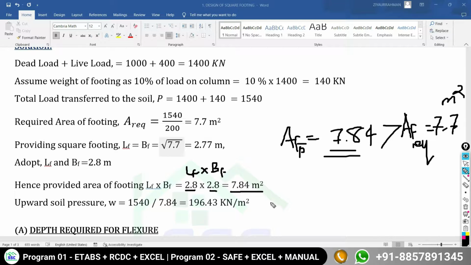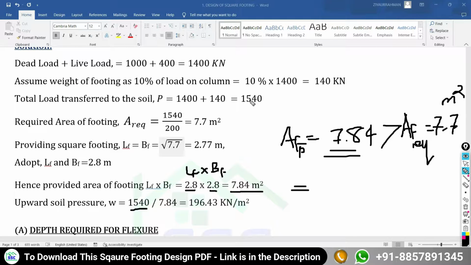Now with this calculation we are moving towards finding the upward soil pressure. How can you calculate the upward soil pressure? The total load that is going to be transferred to the soil mass is 1540 kilonewton divided by the total area provided for the in-plan dimension of the footing.